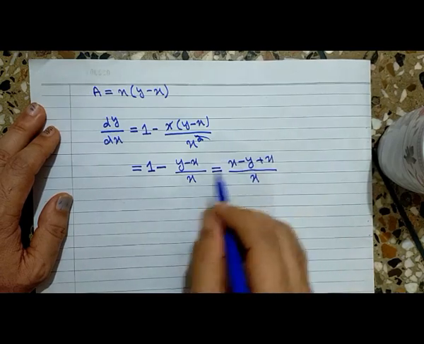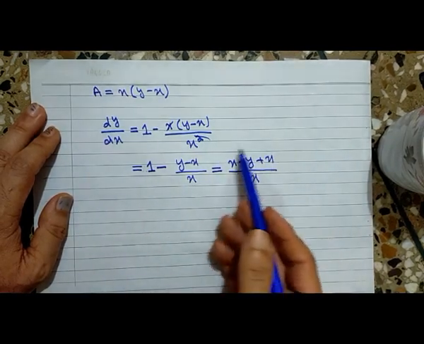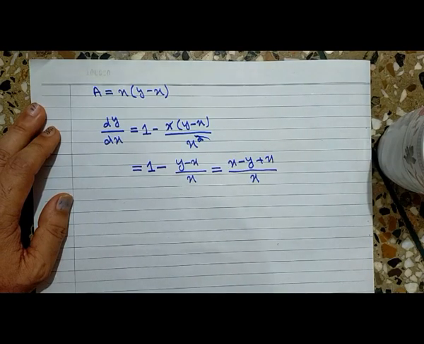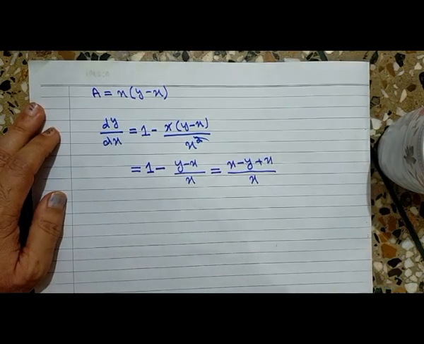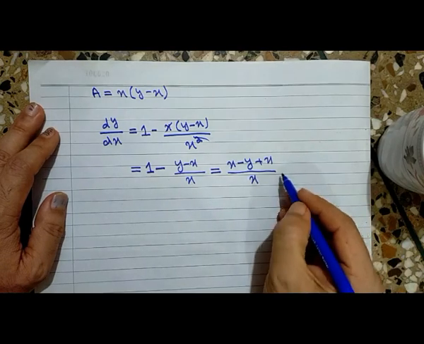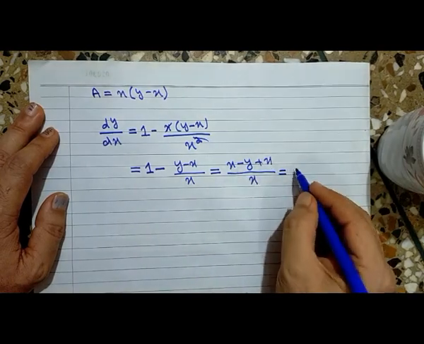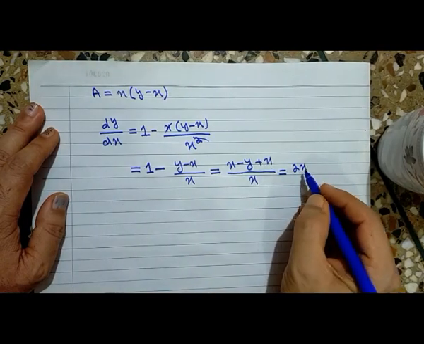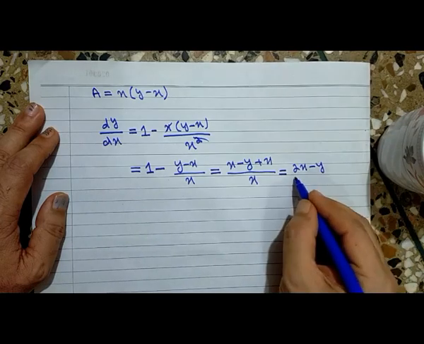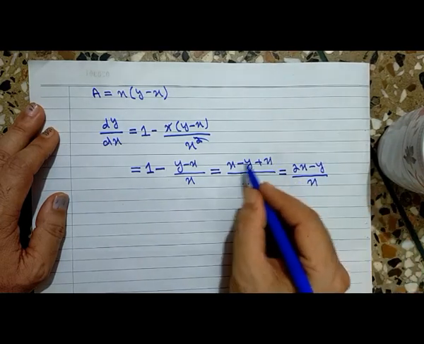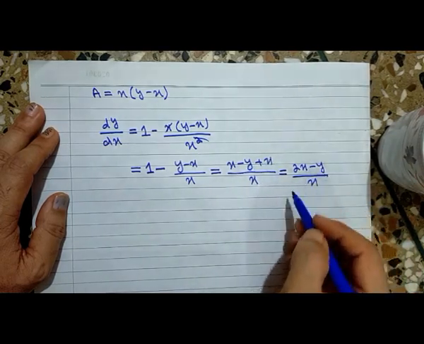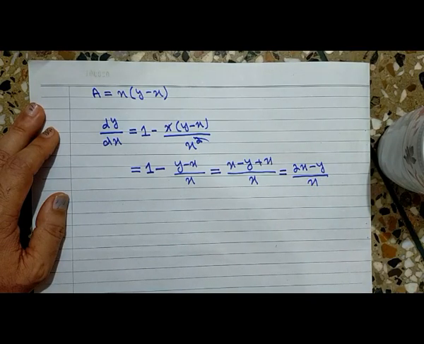What I did in here, I just took the LCM, and the result is this one. This is quite simple mathematics. You can easily do this. And this will result in 2x minus y over x by adding up these two x's, and the rest of the terms are the same.